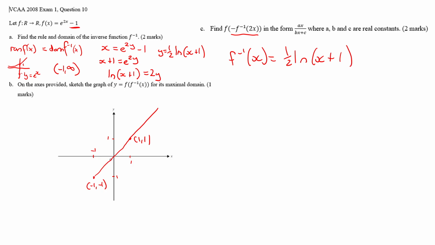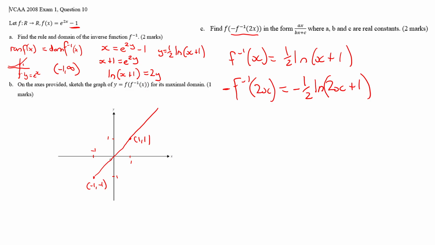The next thing that I'm going to do is put the negative there, and wherever I see x, I'm going to put 2x. So that means this whole thing will have a negative on the outside, negative half ln 2x plus 1.